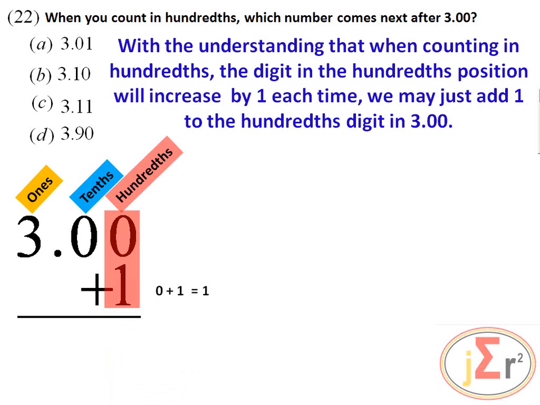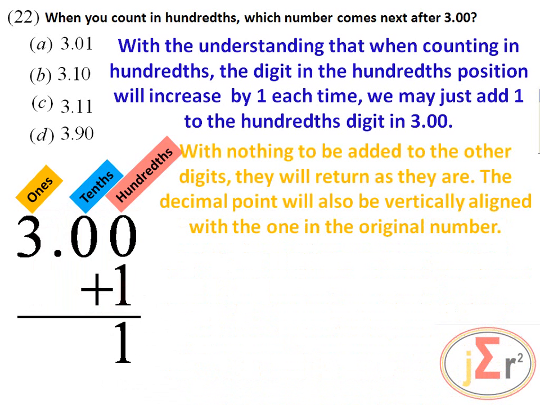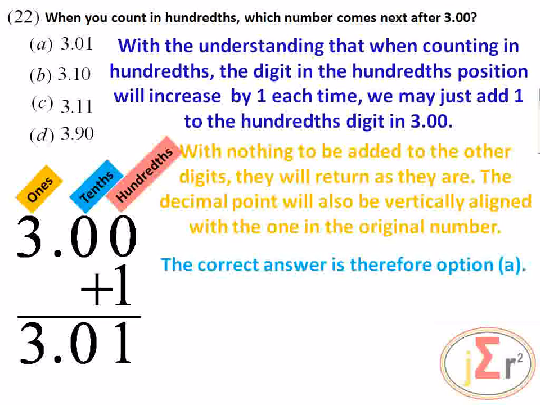What do we get? 1 right there, and what will go to the left? 0. Right, so we'll have 0 there, and the rest of it, with nothing to be added to the other digits, they will return as they are. The decimal point will also be vertically aligned with the one in the original number. But for the format of mathematics, that is not a very good way to approach the problem. The correct answer is therefore option A.